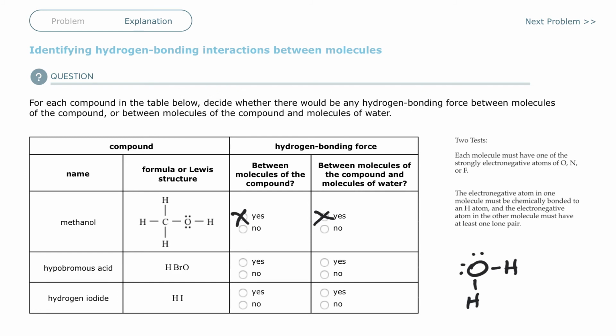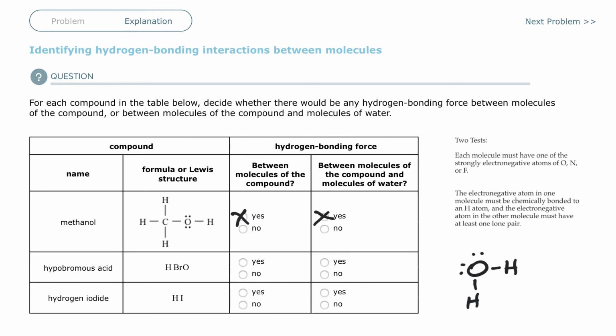What this does is it makes it harder to boil. The boiling point goes up because these molecules are stuck together. They're sticky, and they don't want to leave each other. They have to be pried away from each other like Velcro. And so all kinds of properties, like boiling and other things, are affected.